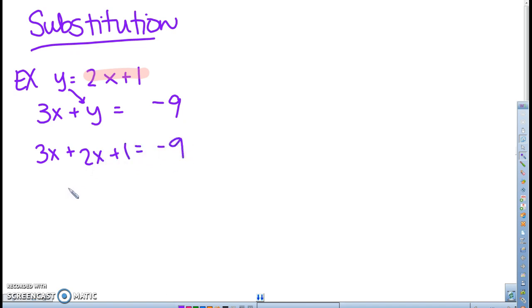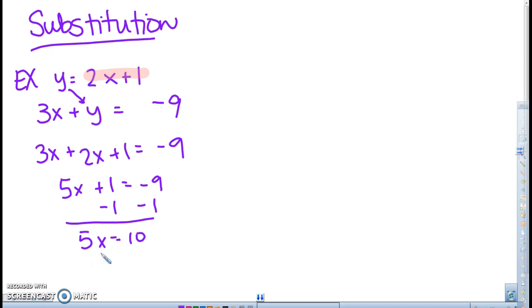And then I start combining like terms. So this is 5x plus 1 equal to -9. If I subtract 1 on both sides, I get 5x equals -10. I divide both sides by 5, and I get x equal -2.